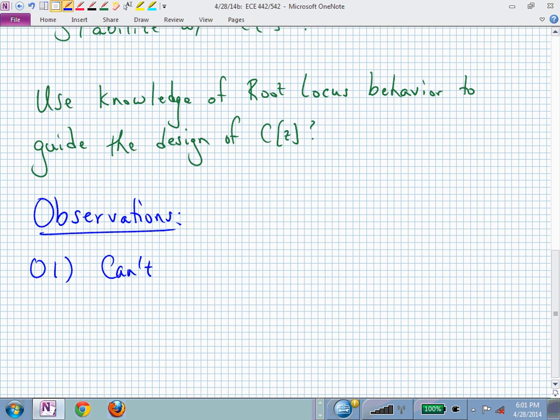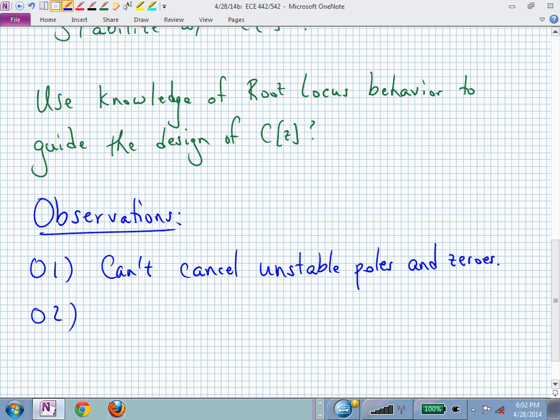We can put poles and zeros outside the unit circle. They just can't cancel poles and zeros. So that's our first observation. We can't cancel unstable poles and zeros.